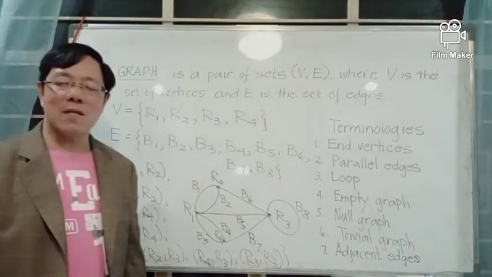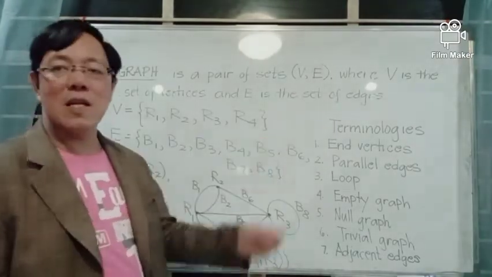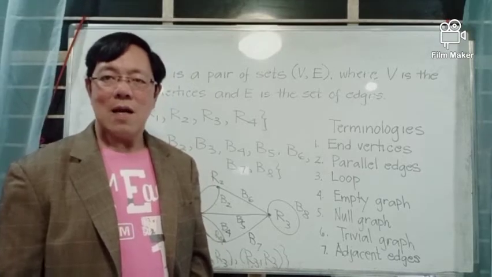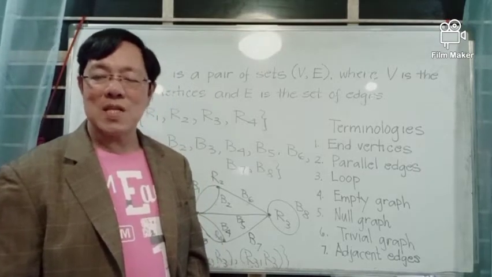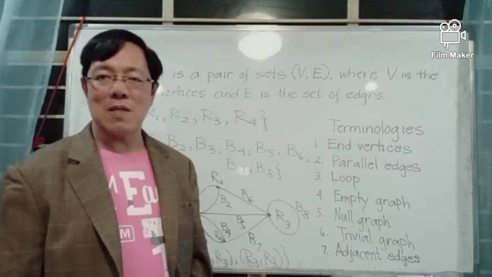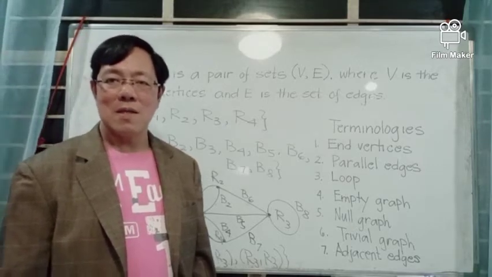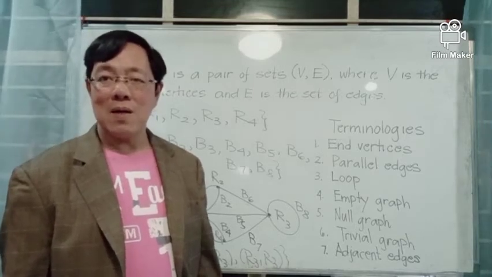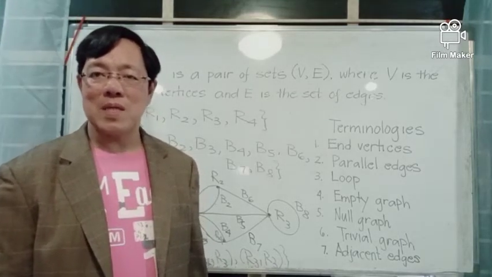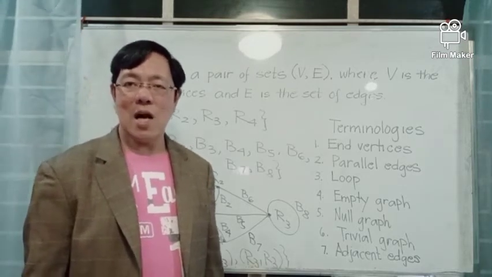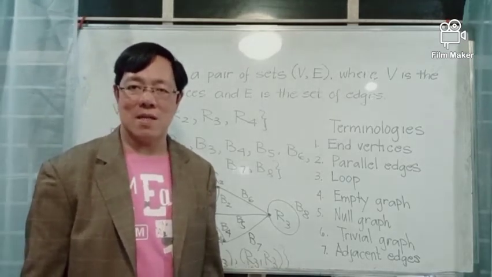Hence, we say that the set of edges in a graph is a multi-set, which means that in the set of edges for the graph, a pair of vertices may be repeated. That means that an edge has a multiplicity.